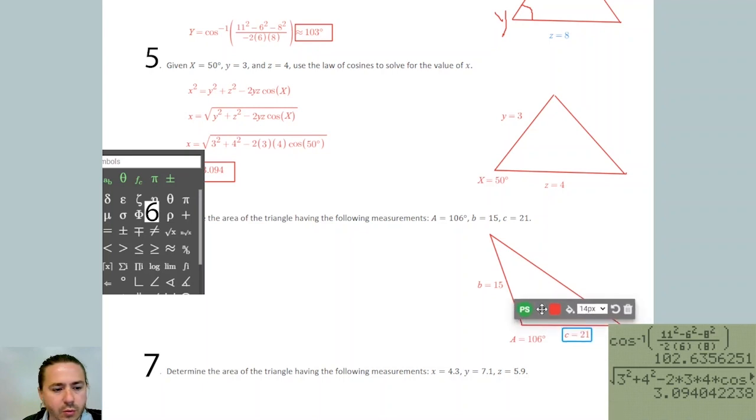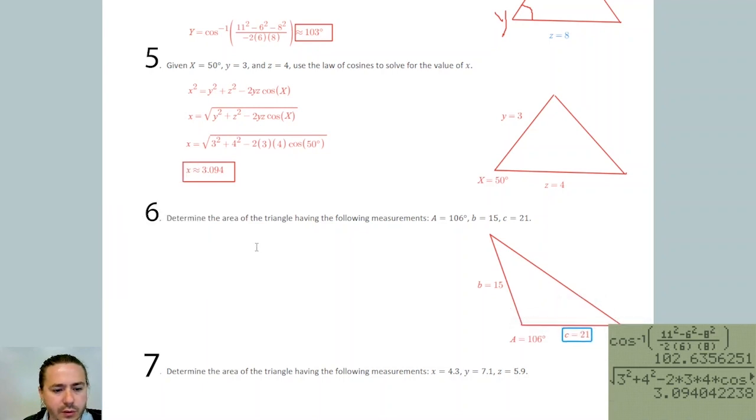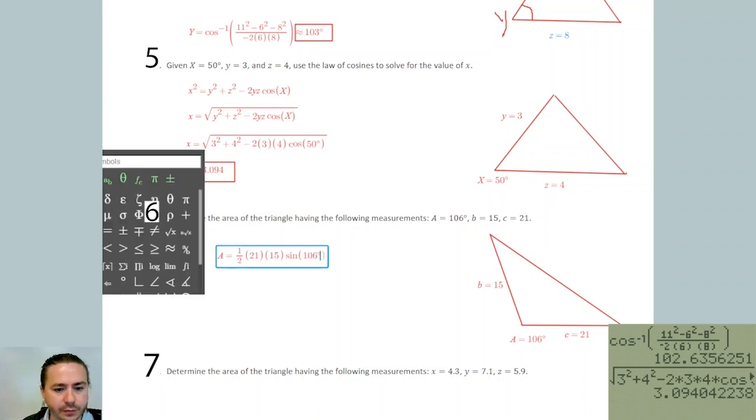Okay, so we are going to use a formula that's going to be given to you, 1/2 times each of the sides that are given, so 21 times 15 times the sine of that given angle measure, 106. And this is going to be something we plug into the calculator, just like all these problems.